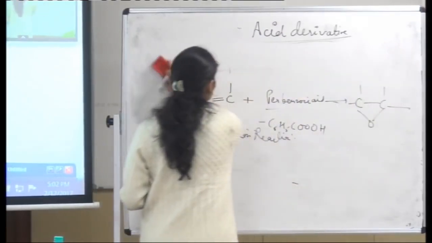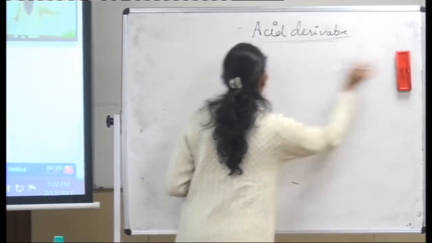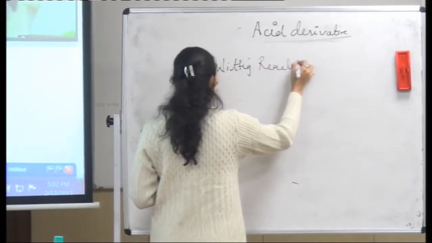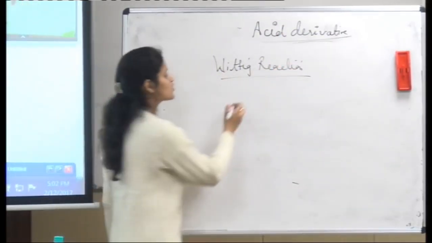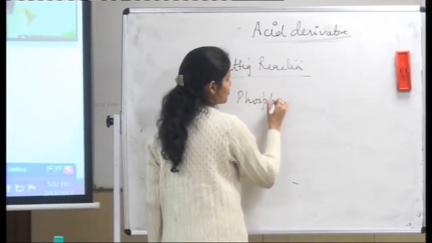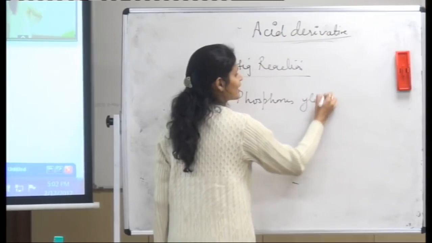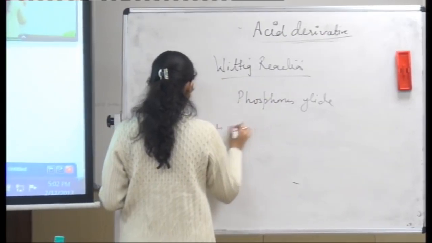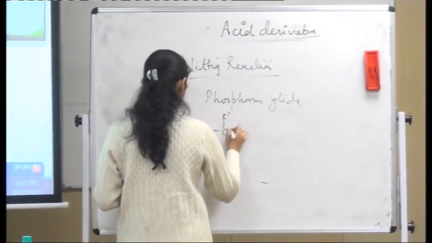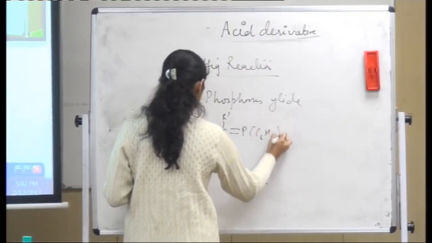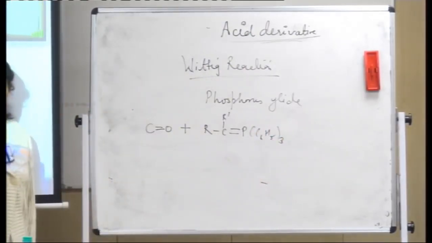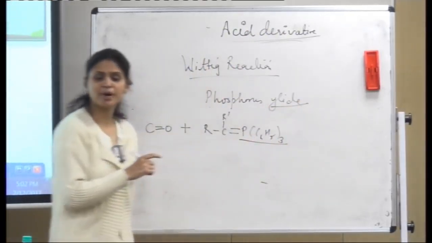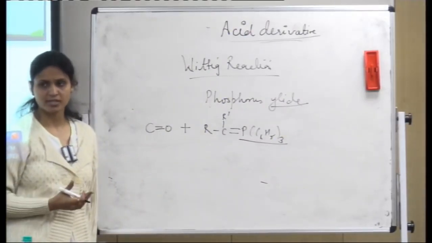There is one more reaction for aldehydes called the Wittig reaction. Whenever aldehydes or ketones react with a phosphorus ylide, here the y is silent, for example, R-C=O plus R'CR'' with P(C6H5)3. A phosphorus ylide means an unsaturated compound of phosphorus, right?